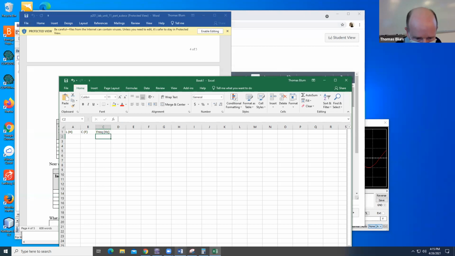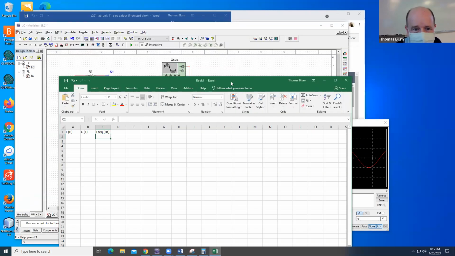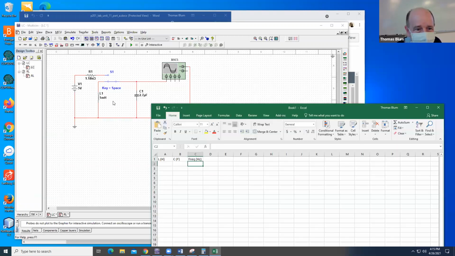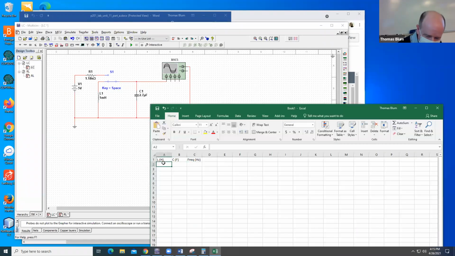Okay, now where were we? We were here and then here. So this last one that we just did was a millihenry. So that's 1,000th of a henry, 0.001. Our capacitance is a microfarad. That's 6.